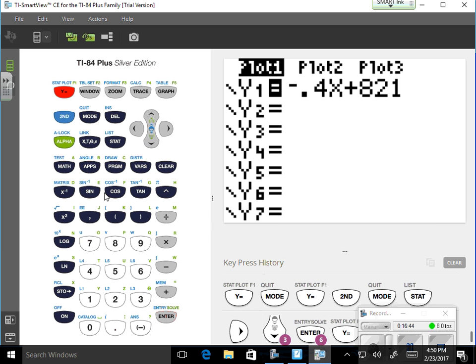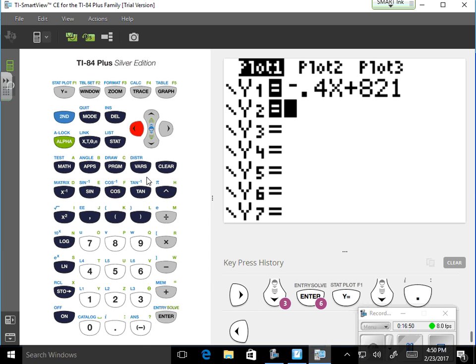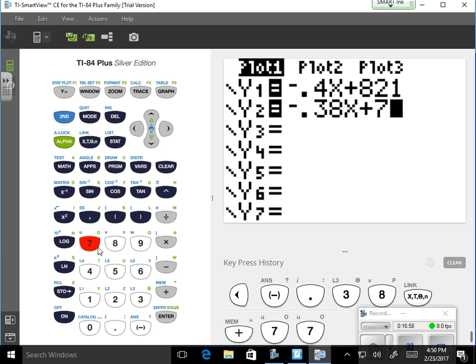Put that in Y equals, in Y2, negative 0.38x plus 776.